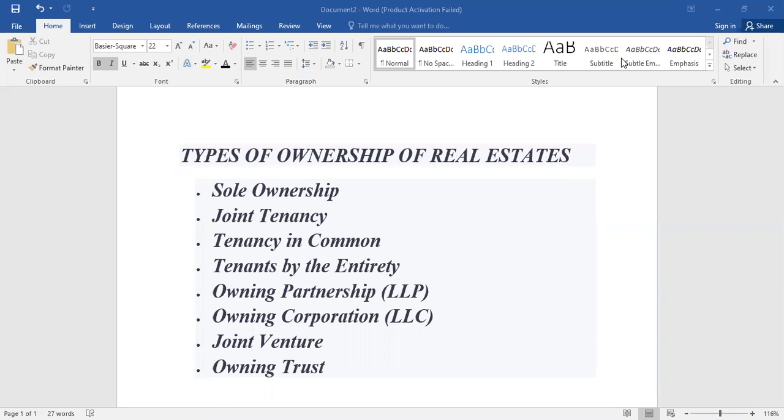Joint tenancies also come with a number of drawbacks or disadvantages, which can add a certain element of risk.